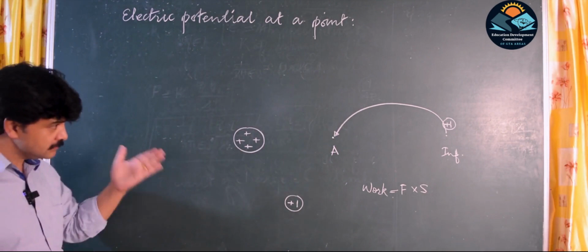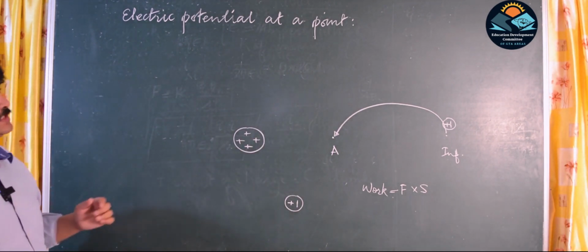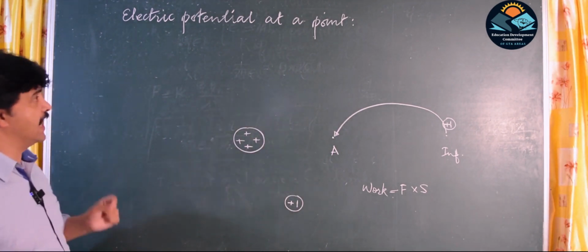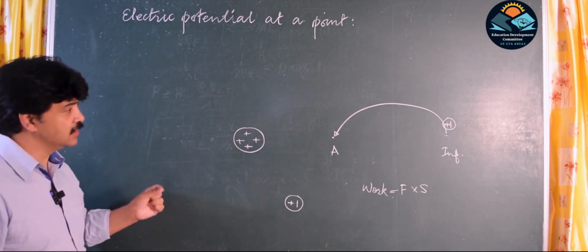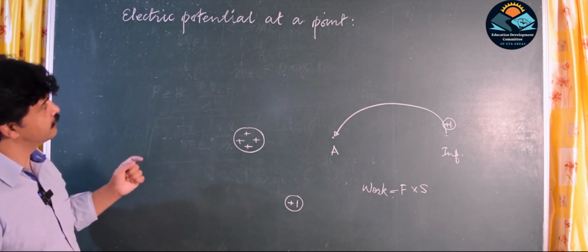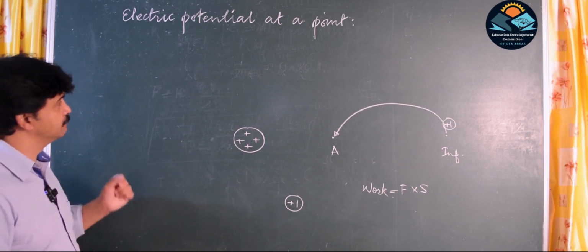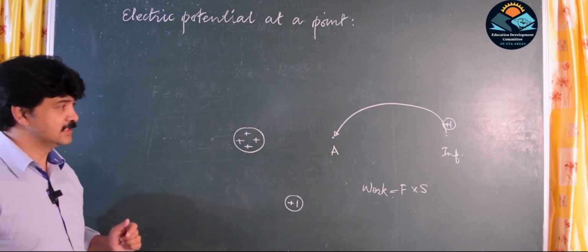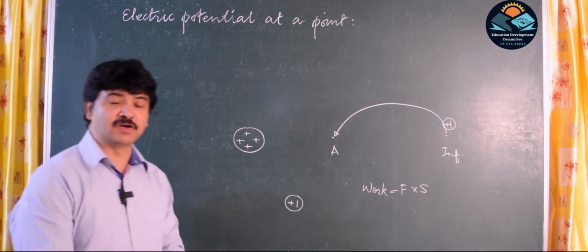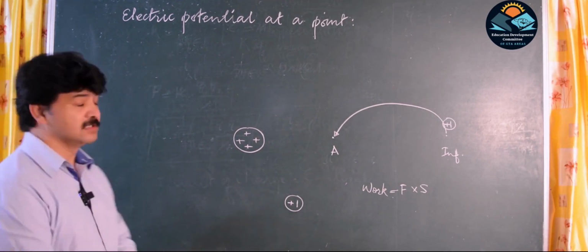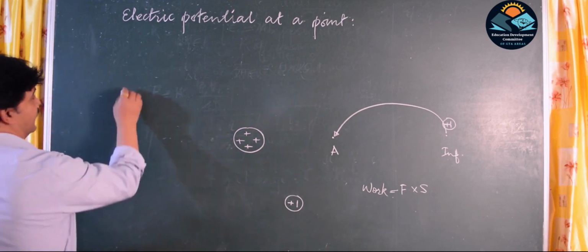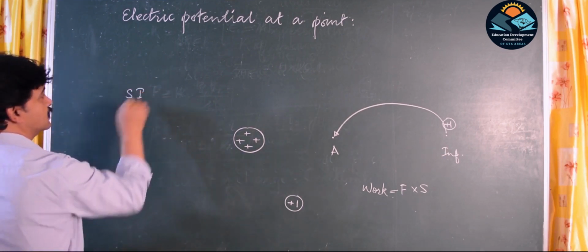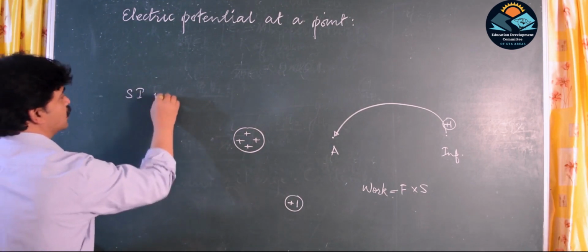Hence potential at a point is defined as the work done in bringing a unit positive charge from infinity to that point. So this is the concept of the potential or the electric potential at a point, and you have to know its SI unit also.